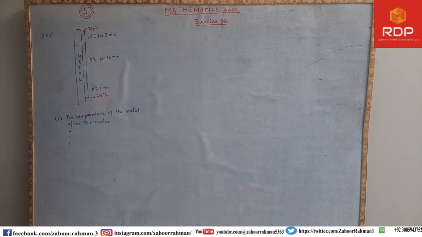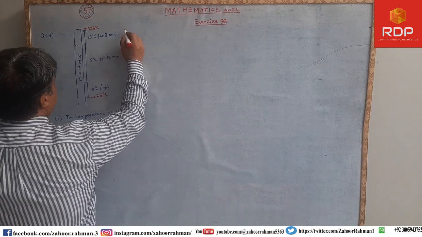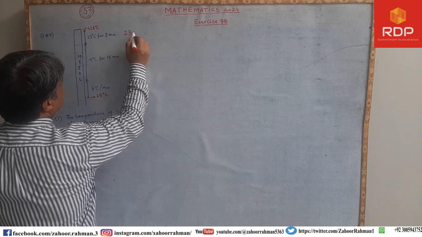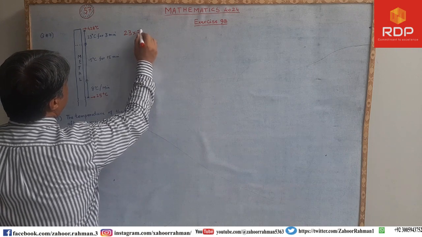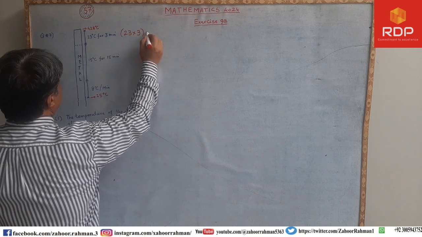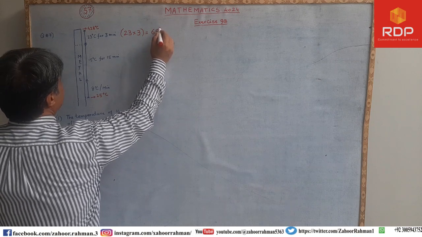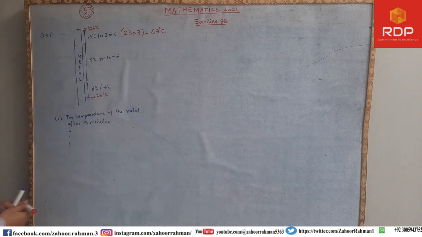So how many degrees Celsius will it drop? 23 multiplied by 3, so we get a 69 degree Celsius reduction.